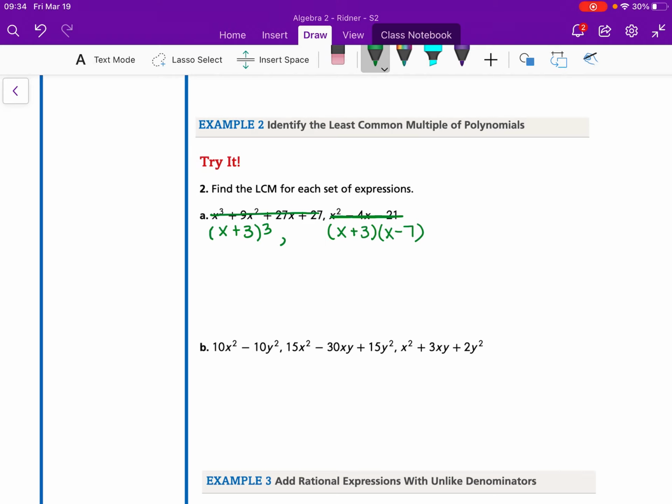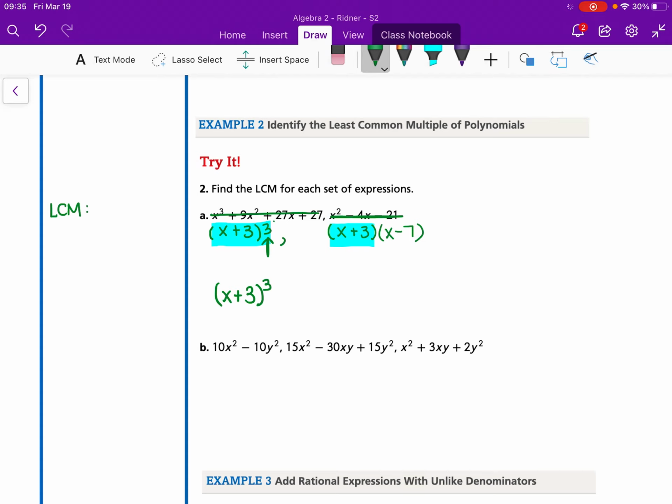Okay, so in order to find the LCM, it's the product of all the factors. Duplicate factors are raised to the greatest power represented. What that means is, notice x plus 3 is here twice, but the greatest power is to the third power. So that is the one I take.